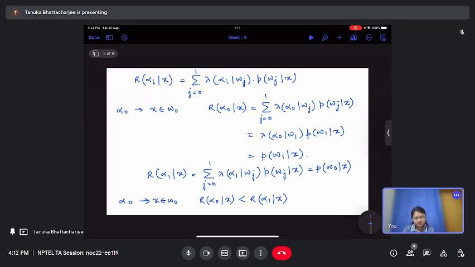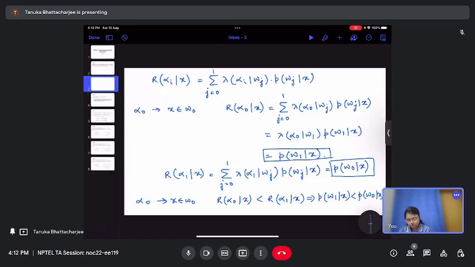So, if we just put these two expressions of risk of taking action alpha 0 and risk of taking action alpha 1, then this expression becomes p of omega 1 given x should be less than p of omega 0 given x in order for x being classified to omega 0.